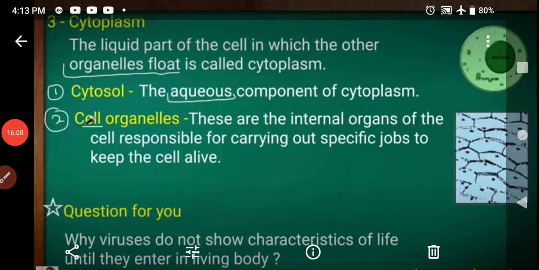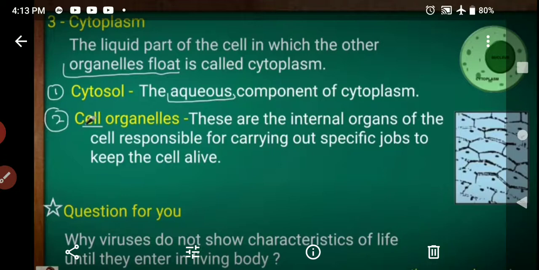See, difference between cytoplasm and protoplasm. We discussed in the first part that protoplasm includes the cytoplasm and the nucleus. Cytoplasm is the part of protoplasm. Cell organelles are engulfed in a gel-like substance called cytosol and collectively known as cytoplasm.